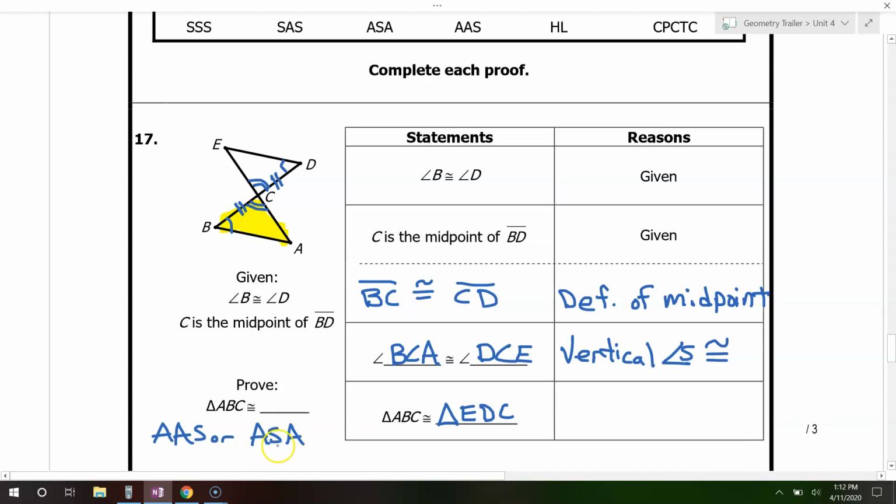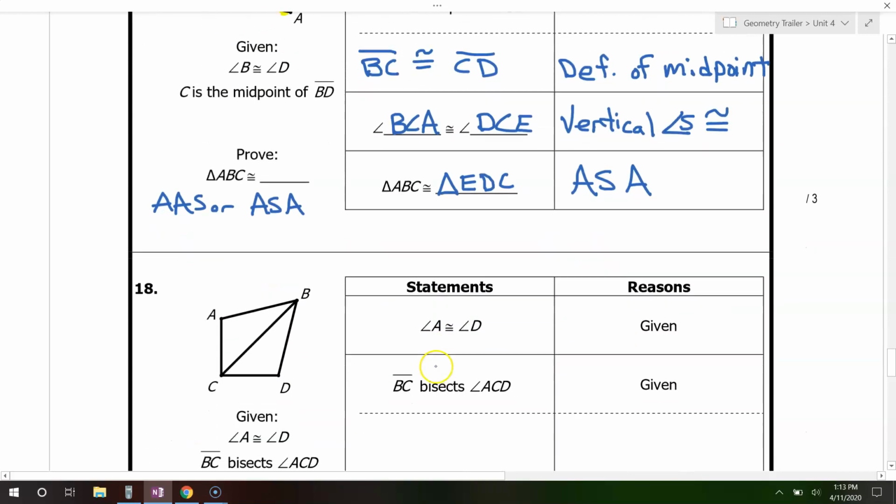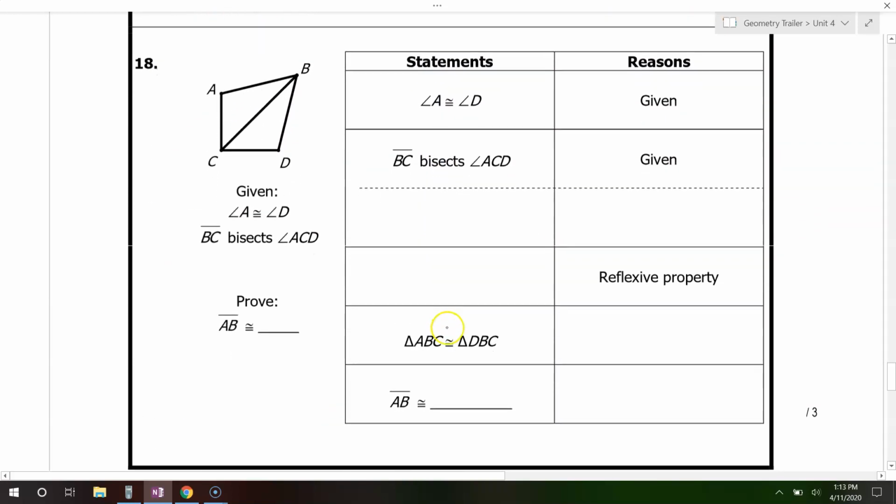For angle, side, angle, the side has to be between the two angles. And that's exactly what's happening here. Notice how the side that's marked, if you just look at the yellow triangle, the side is right here sandwiched in between the two angles. So that's why this is angle, side, angle. All right, let's do 3 more proofs.